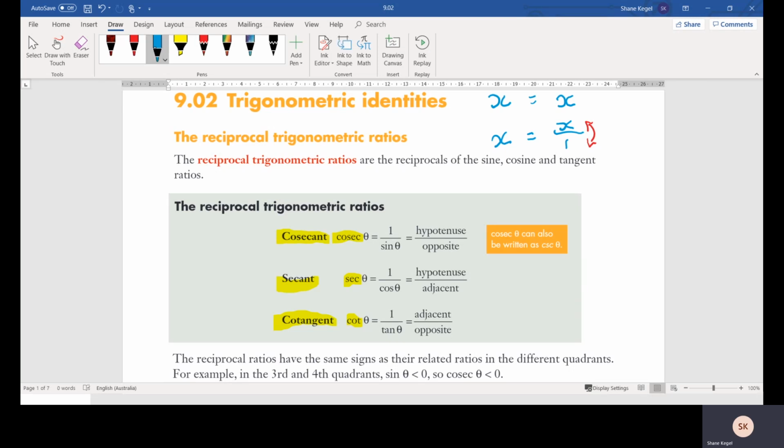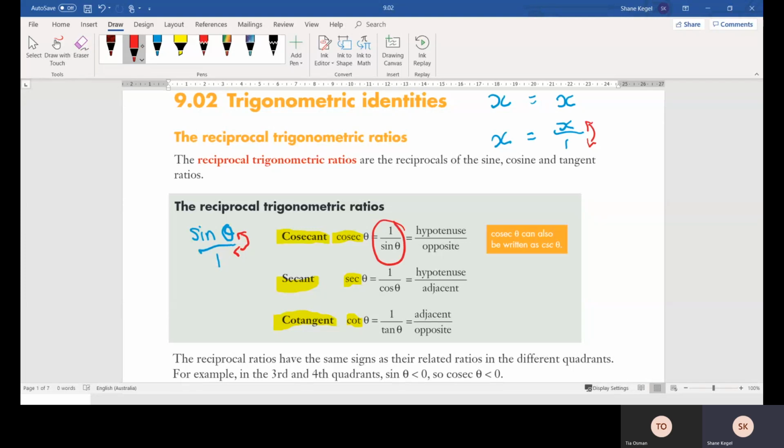So if we're saying that cosecant is the reciprocal of sine, well, sine theta on 1 would be sine theta. We just don't write the divide by 1, and because we take the reciprocal, all we're doing is swapping it.